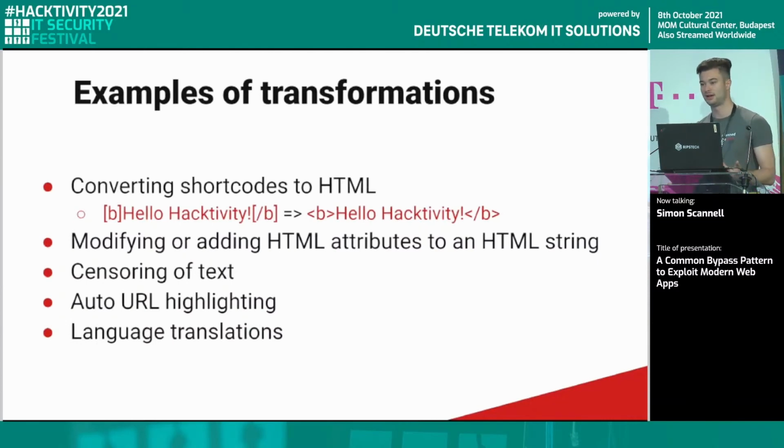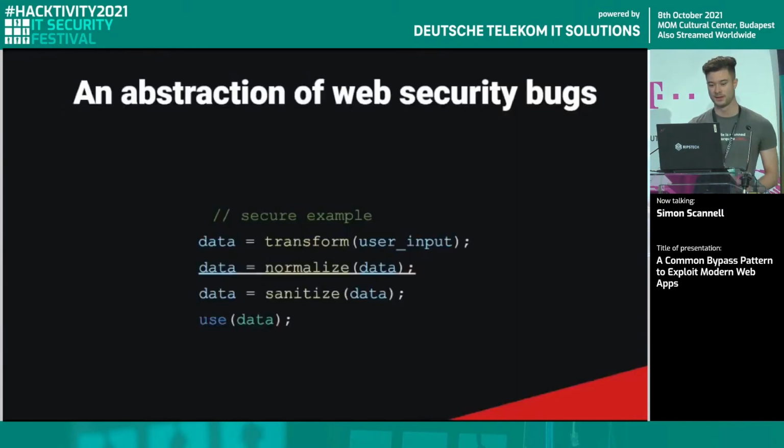Maybe you want to modify a generated template, whatever, because you have certain restrictions. Sometimes you want to censor text, say you're in a context where you're implementing a chat application. Sometimes you want to make URLs clickable, so you would have a way to detect URLs in a user input stream and then convert them to A tags, to anchor tags. Sometimes you want to translate entire inputs of a user. And that would be examples of transformation.